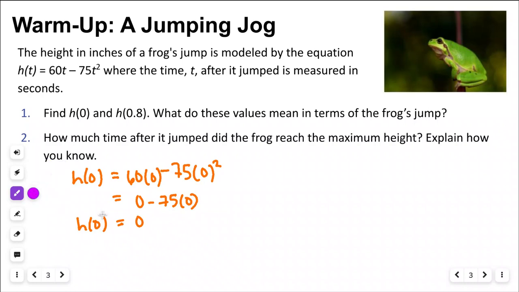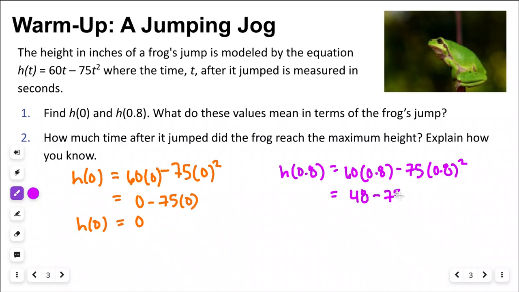We'll do that one more time with 0.8. H of 0.8, we're going to do the same thing. We're substituting in 0.8 for t. 60 times 0.8 is going to be 48.